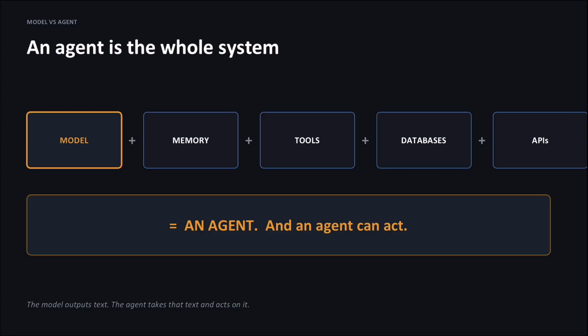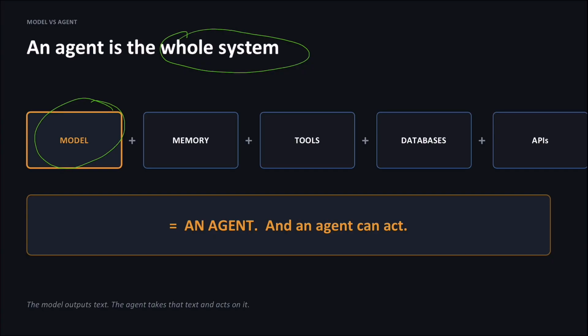Now how do you differentiate the model versus the agent? An agent in and of itself is a whole system. This you need to internalize and memorize or comprehend, so that you are always able to differentiate what an agent is and how it is different from a model. Here in this diagram you can see that the model is only this much of the part, right?